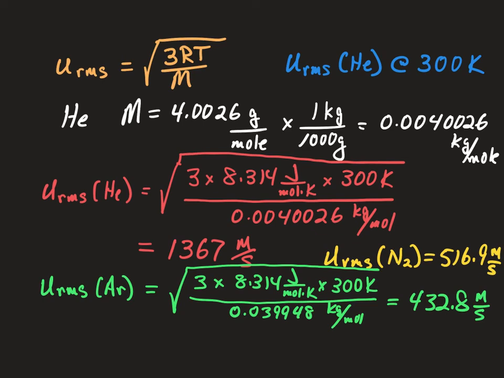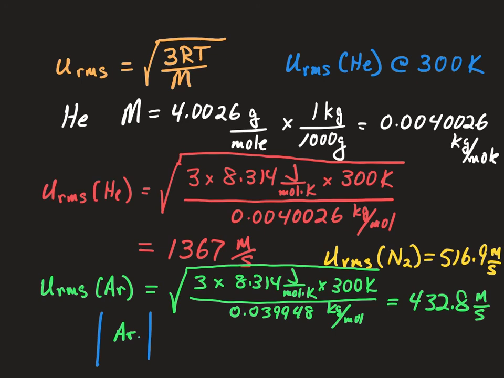Now, this is important, right? If you have double pane windows, where you've got two panes of glass, they tend to put argon gas in between those panes of glass.